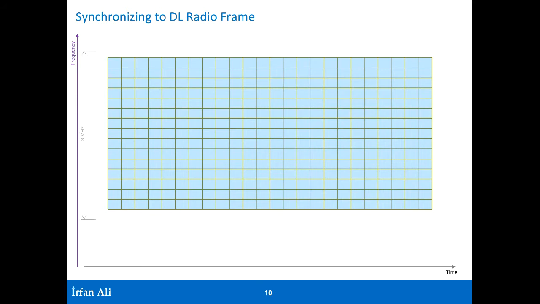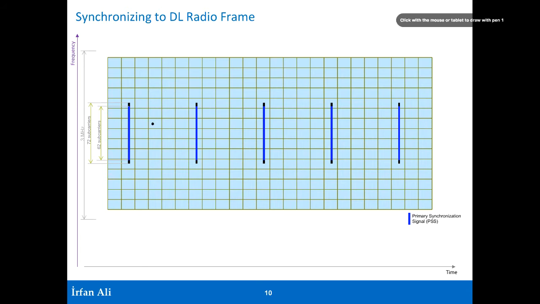So the very first thing that is provided to help the mobile to synchronize to the downlink radio frame is what's called the primary synchronization signal. And these primary synchronization signals are in the middle 62 subcarriers. So 62 subcarriers are the ones that are carrying the primary synchronization signal, and these are repeated every 5 milliseconds.